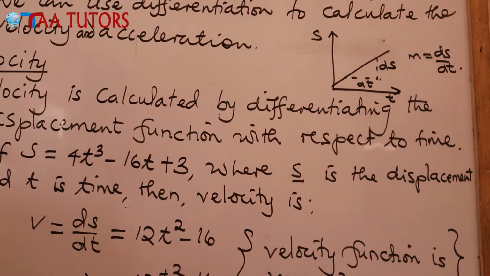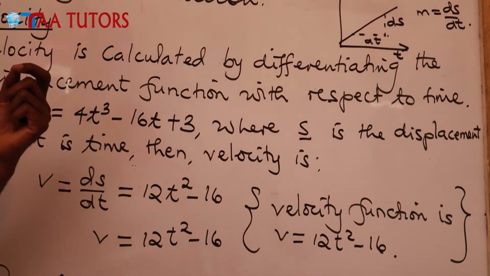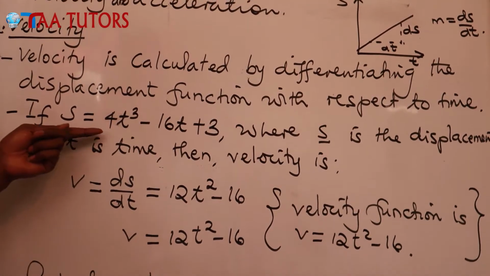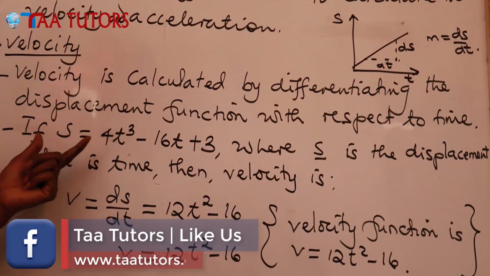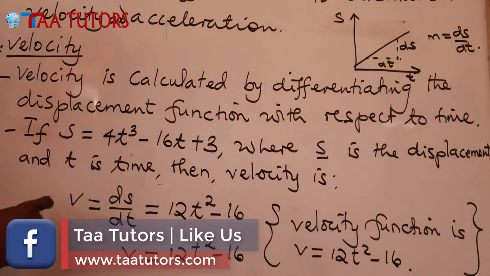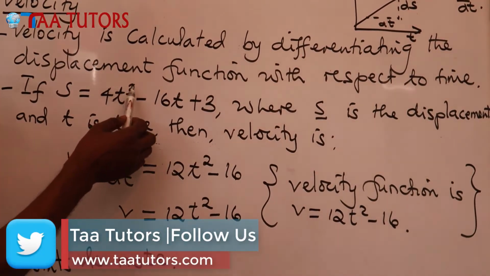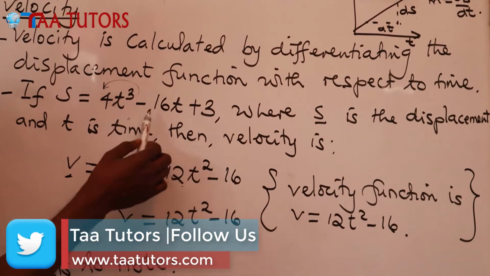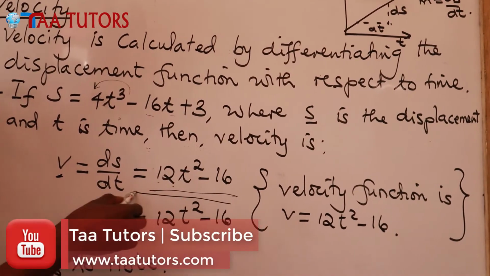Velocity will be the gradient of the displacement time curve, so we differentiate the displacement function, meaning velocity v equals ds/dt. We bring 3 here, it's 12t, 3 minus 1 is 2, minus 16. This is our velocity function.